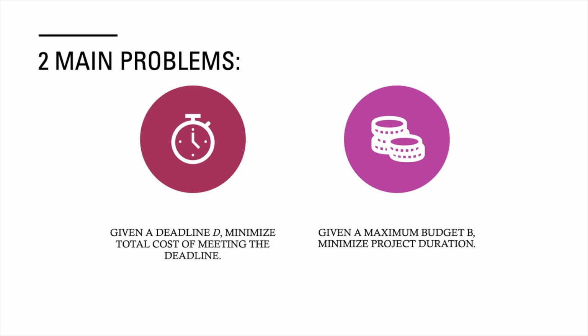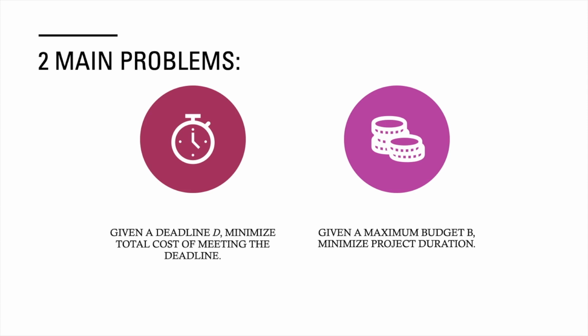However, your boss tells you you need to finish your project in 10 days. In this case, you'd like to know which activities will be crashed so that you meet the deadline of 10 days, but such that you minimize the cost. And that is the first problem.